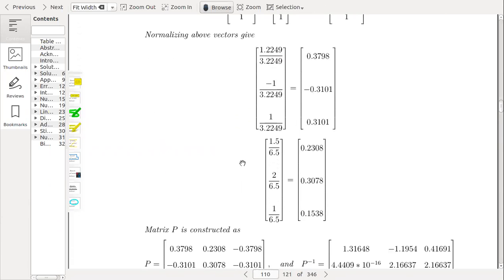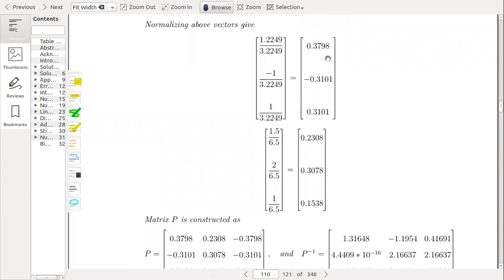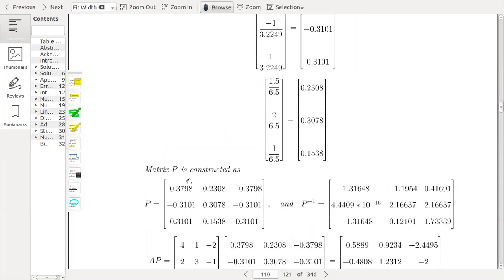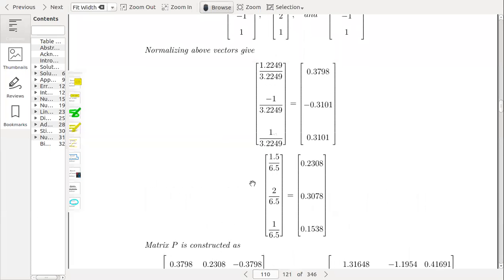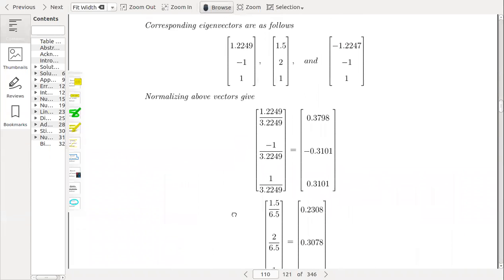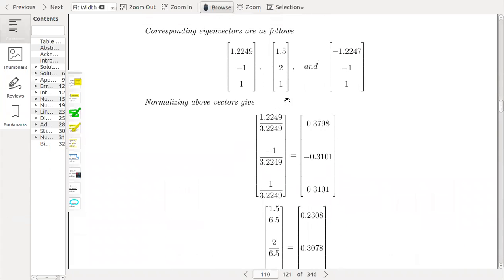So the first eigenvector is 0.3798, minus 0.3101, 0.3101, and just take it as the first column, and then 0.2308, 0.3078, 0.1538. So the second is a column, this one, and then a third one, this one.